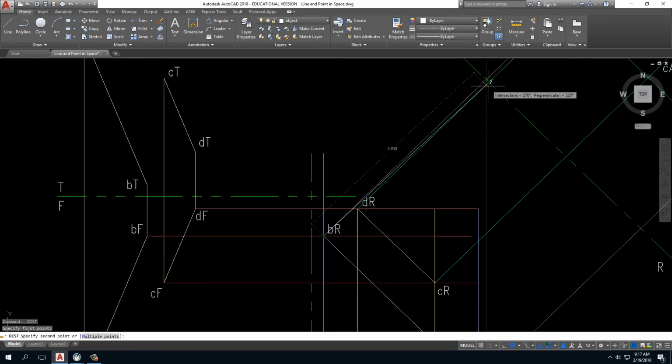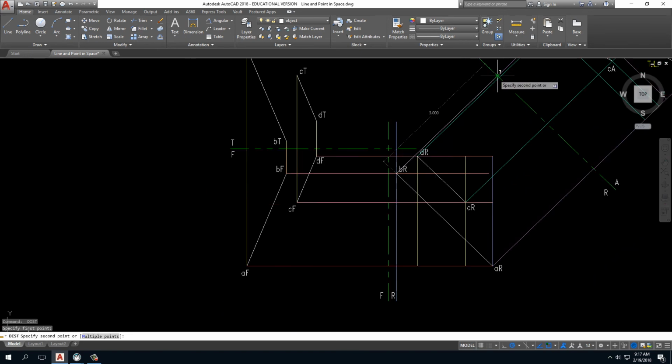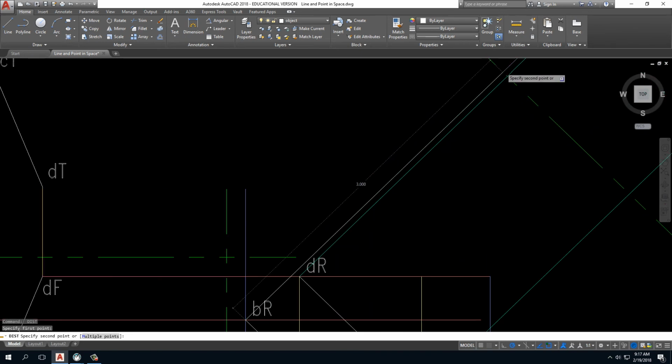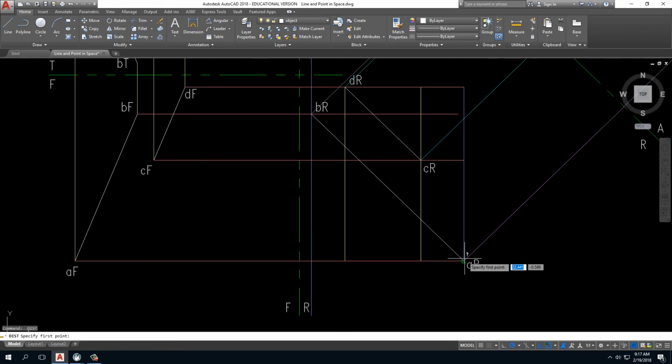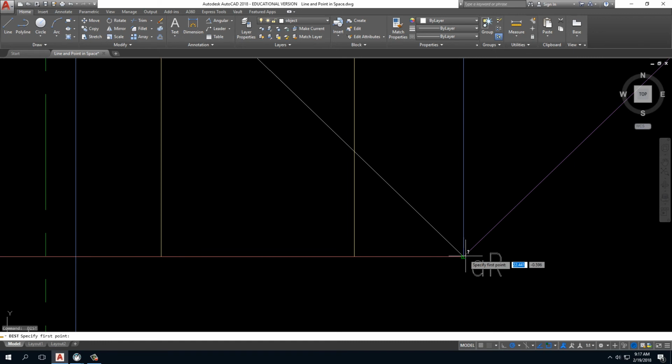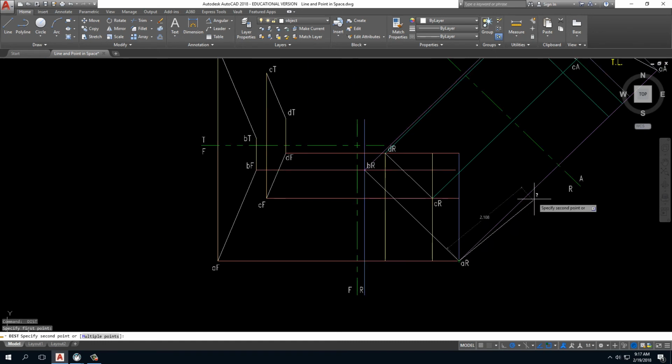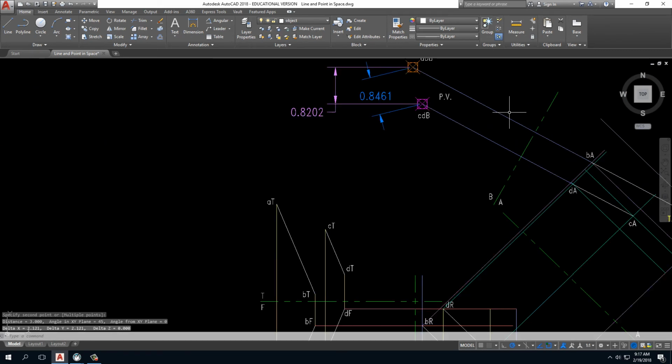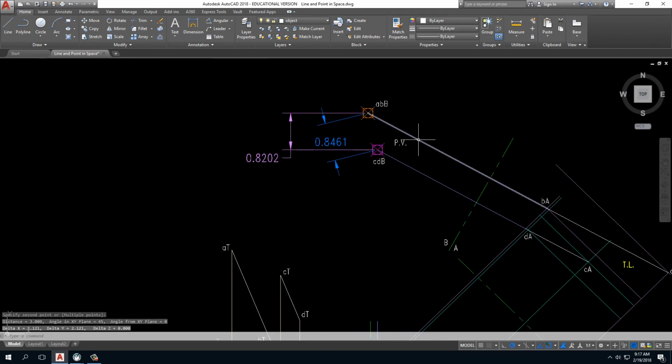Let's see. Did I pick the right one down here? Let me verify that. Okay, there we go. 3 units. Let's see if that exists 3 units into this view.